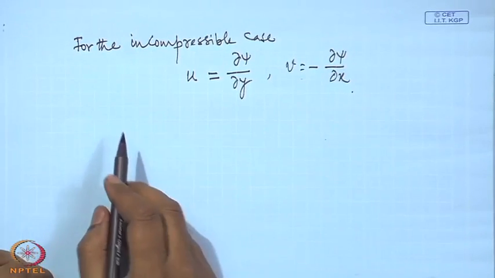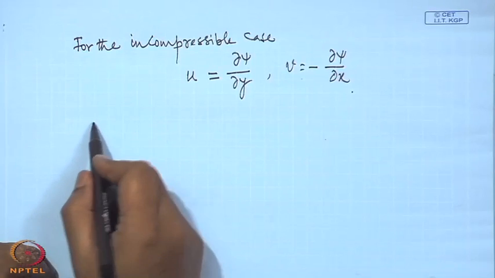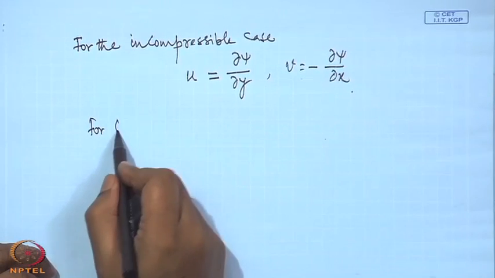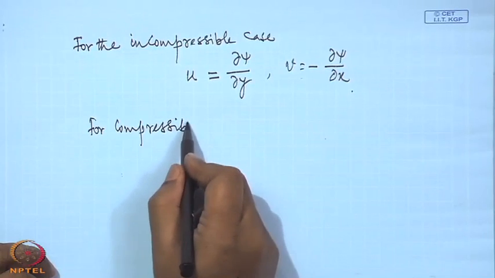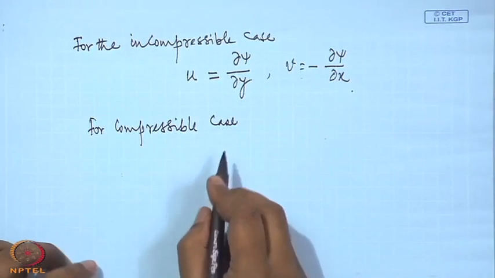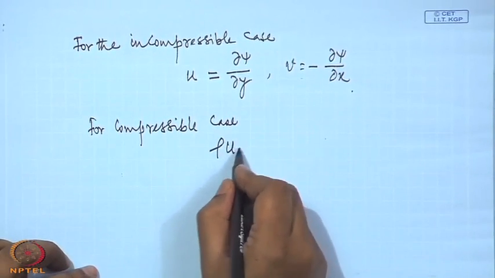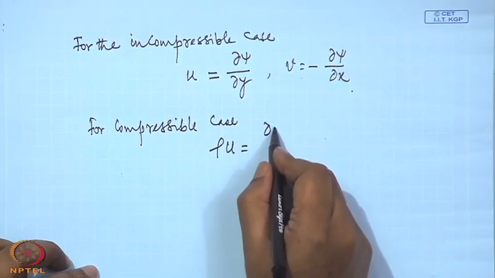For the compressible case, similarly we can define it, we have to take rho also along with it.